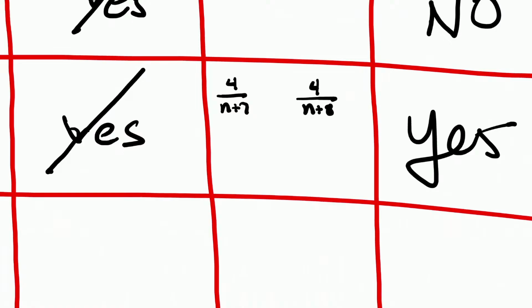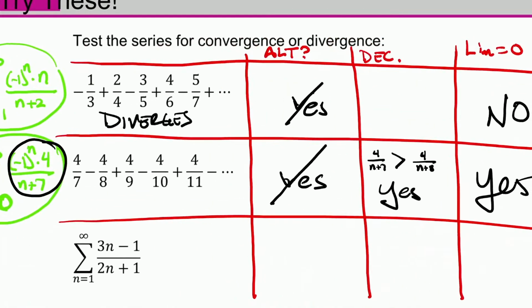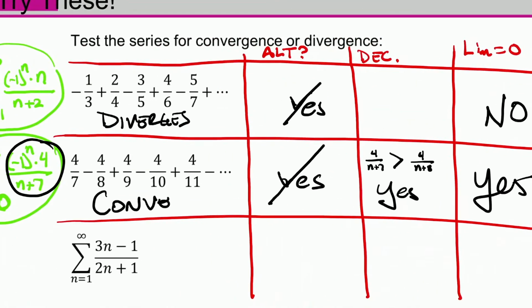Is it 4 over n plus 7 that's bigger, or 4 over n plus 8? That's right, that one's the bigger one because it's got a smaller denominator, so it's bigger, and so that's also a yes. Once we have all three yeses, we say that converges.